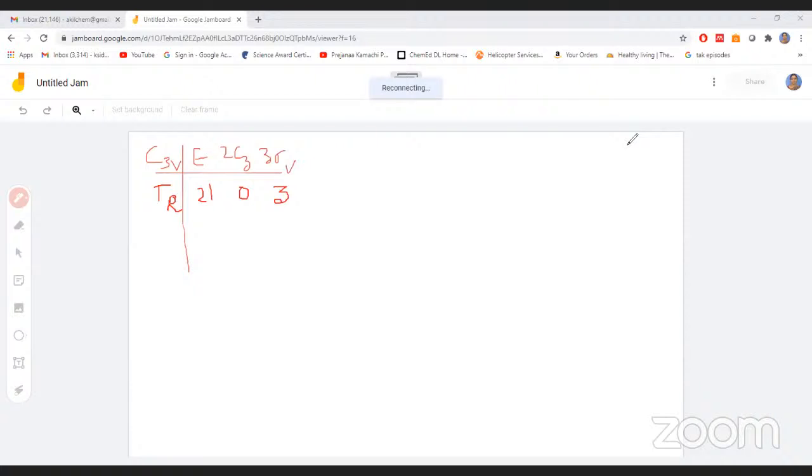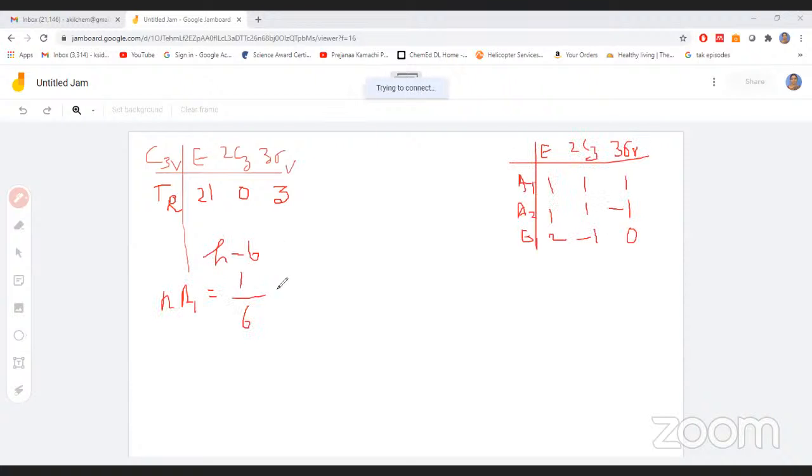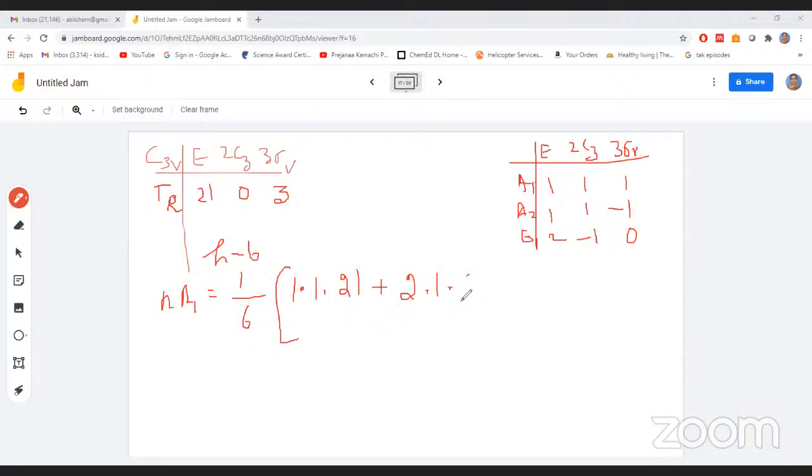Now I should find out n, the number of A1. H is equal to 6 in the case of C3v. So 1 by 6 into character table: 1 into 21 plus 2 into 1 into 0 plus 3 into 1 into 3.